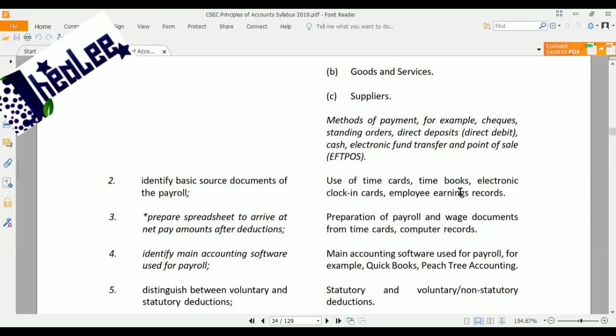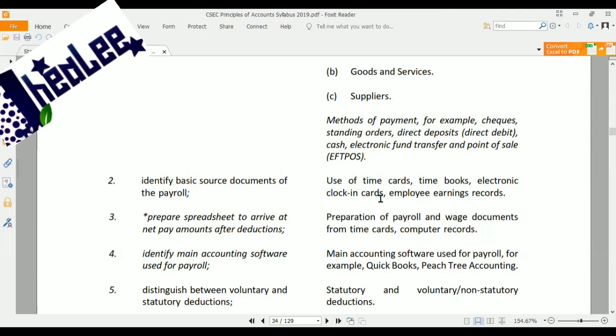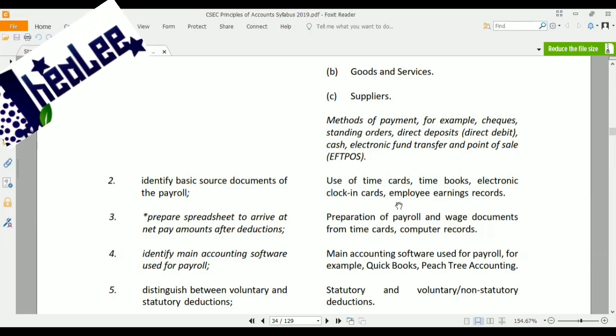Time books work just the same as the time cards. Electronic clocking cards, so some persons move away from the manual system and start to use the technology. So some persons, when they get to work, the same card that is used to open the door, etc., can be the very same card that they use to sign in, right?